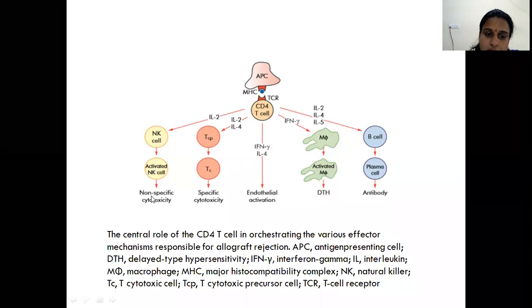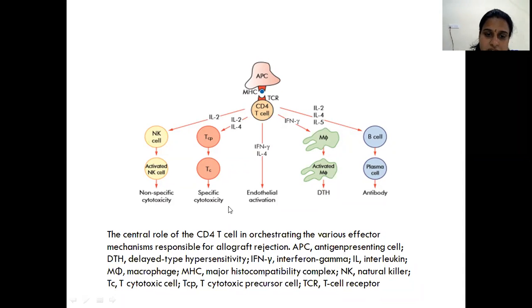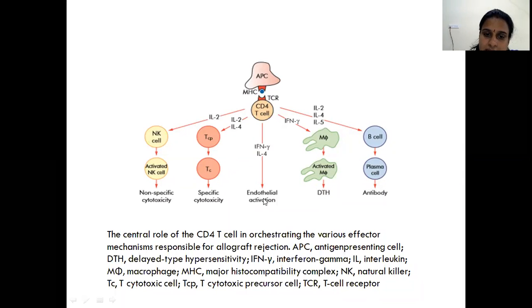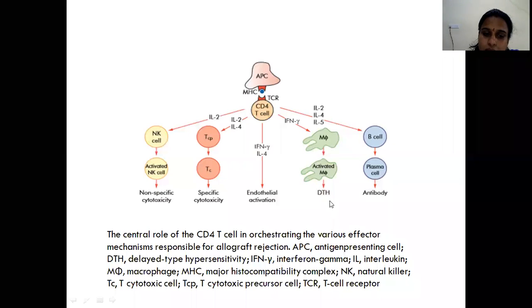They cause non-specific or specific cytotoxicity when they are activating the precursor cells. Also endothelial activation and hence thrombosis, and delayed type hypersensitivity when the macrophage is activated.